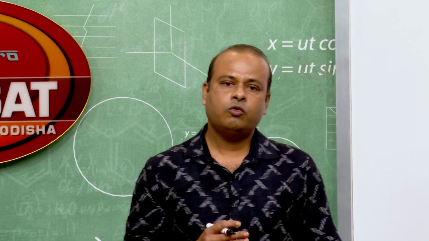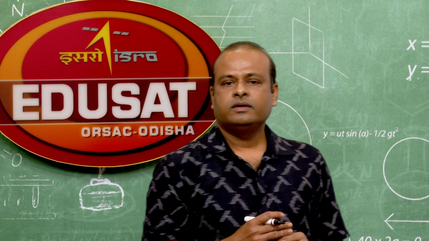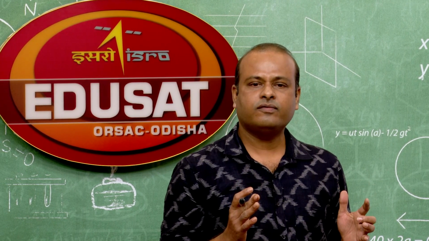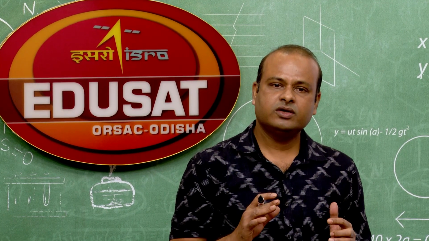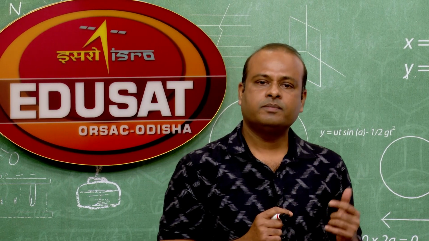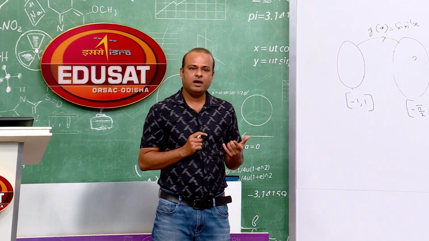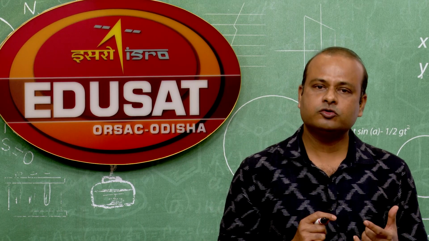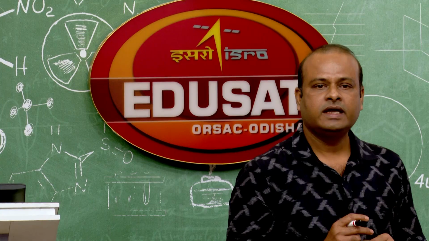So, what we have discussed is that the inverse of the function sin x exists only when it is from the closed interval minus pi by 2 to pi by 2, and to the closed interval of minus 1 to 1.